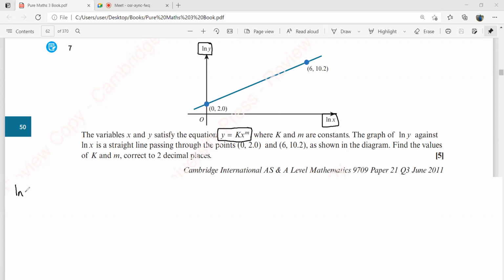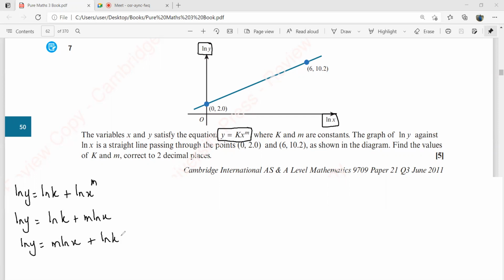So this is ln y equal to, and let me skip some steps this time here. This is ln x raised to power m. So we have ln y equals ln k plus m ln x. So finally, this is ln y equals m ln x plus ln k.